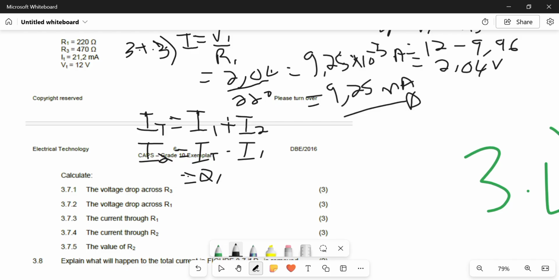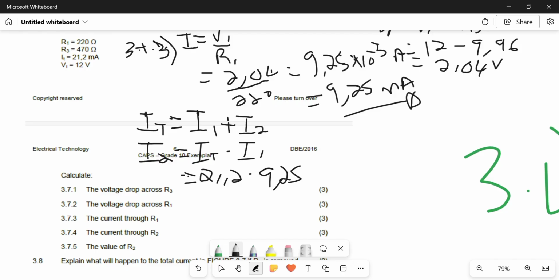So I total is 21.2 minus 9.25, sorry, that's 21.2.